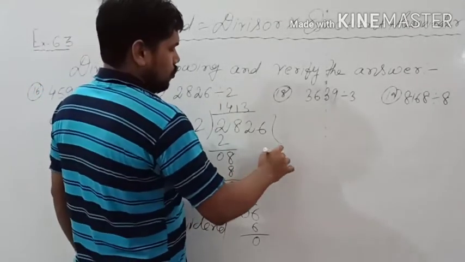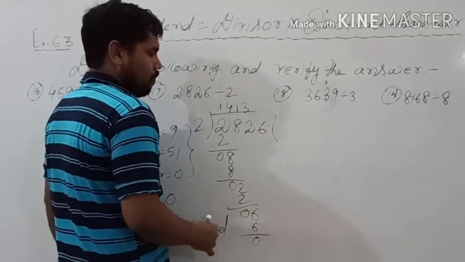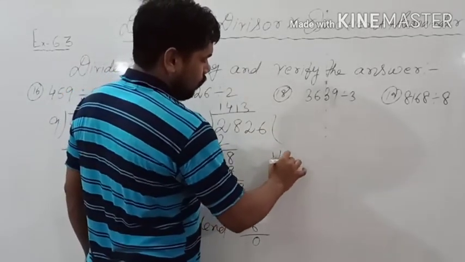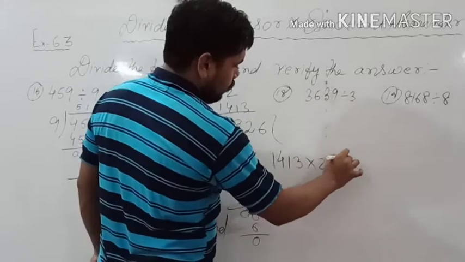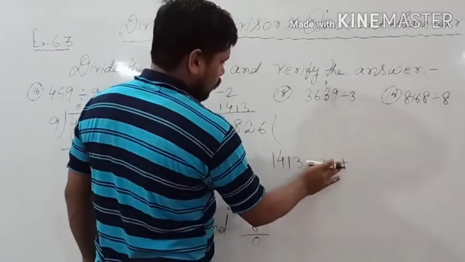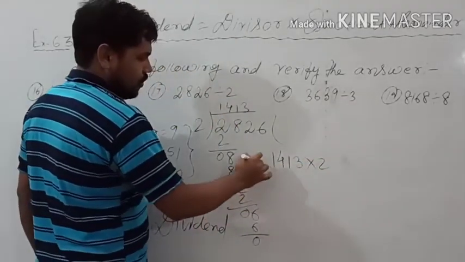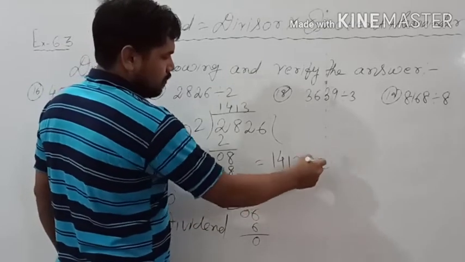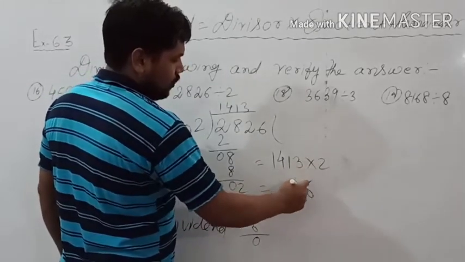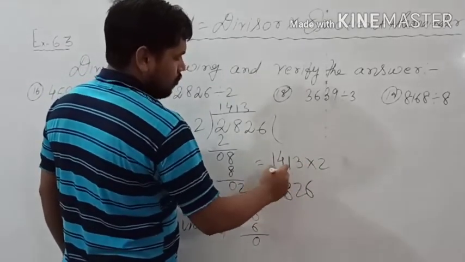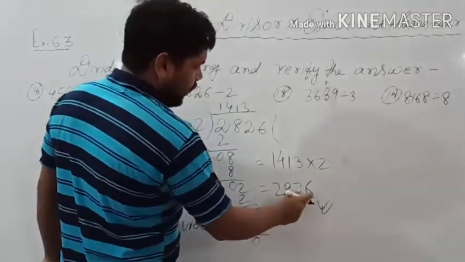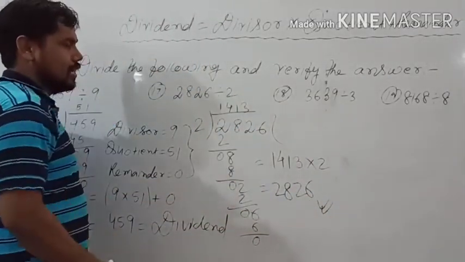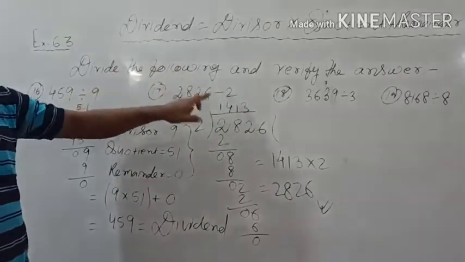So 2 multiply 1413 or 1413 multiply 2, plus 0 is there. So no need to write 0, 0 के साथ ऐड करो तो 0 ही होगा. So this multiply this means 3 2s are 6, 2 1s are 2, 4 2s are 8, 2 1s are 2. So 2826. This 2826 is the dividend which we got.